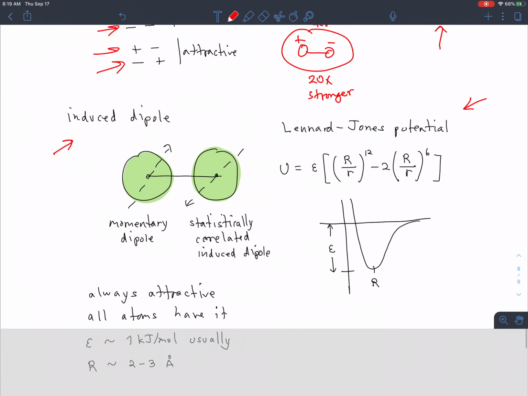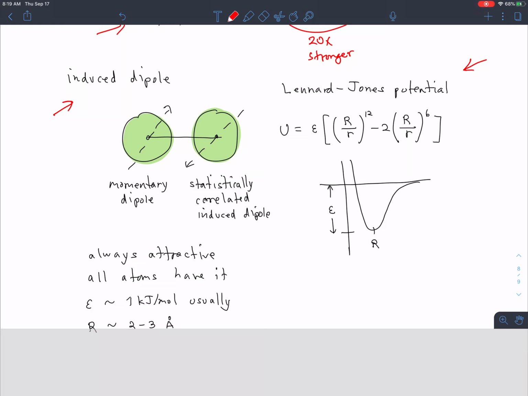All right. The other through-space interaction, or non-bonding interaction, is the induced dipole interaction. We talked about the physical origin of that. An atom is polarizable. It can gain a dipole moment. And that can happen just by accident. So there are fluctuating dipole moments occurring all the time in every atom. Once a dipole is created in one atom, it creates an electric field that induces a dipole in nearby atoms.